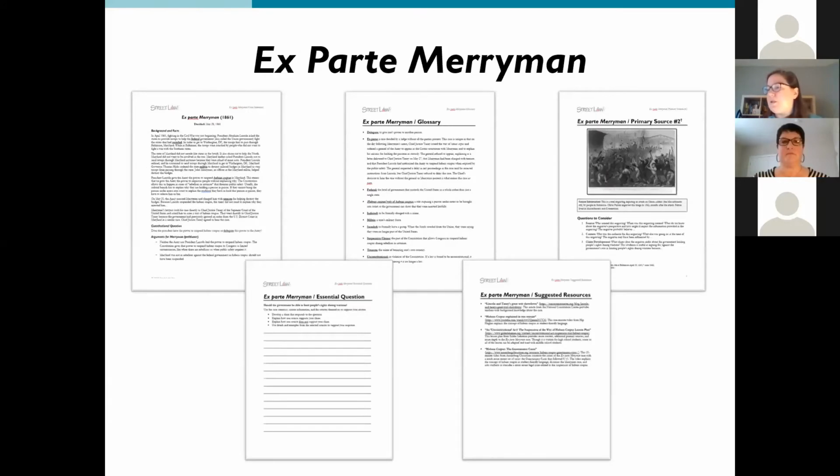This is just an overview of what these materials look like. You'll see this is not quite everything, but it is a set of the resources. I'm going to be highlighting some of these as we go, but this is what the Word documents would look like when you download them.